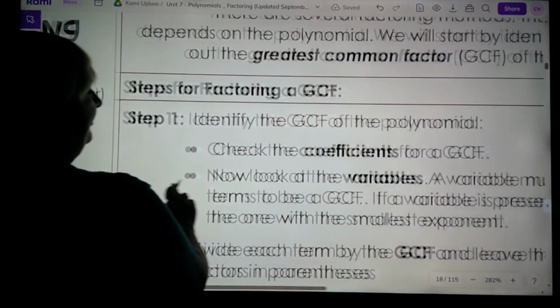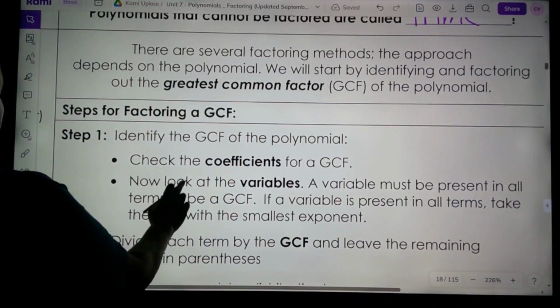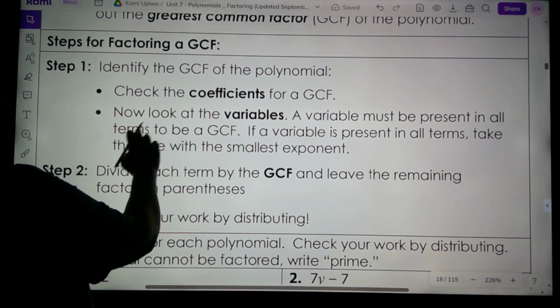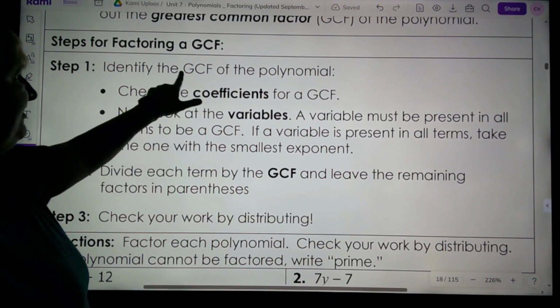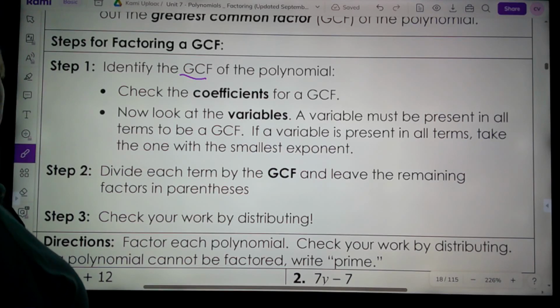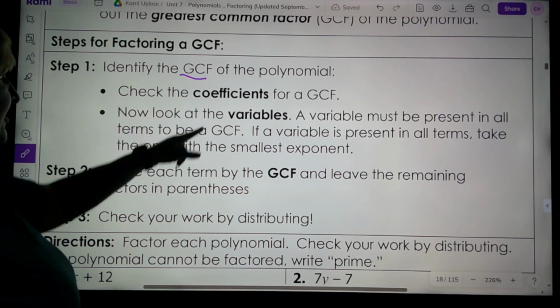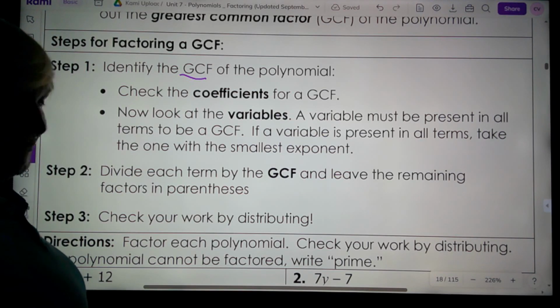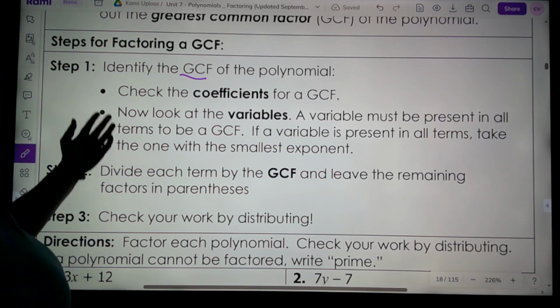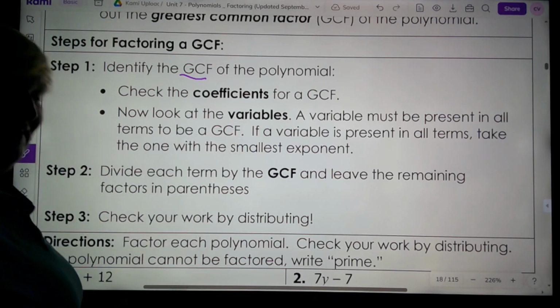Steps for factoring, looking for the greatest common factor. 1, identify the greatest common factor. That seems logical, right? Check the coefficients. Look and see if the coefficients have the greatest common factor. Then look at the variables. See if they have something in common.